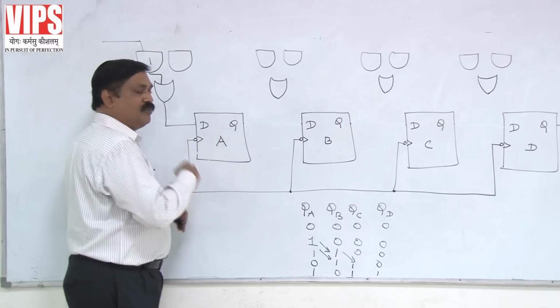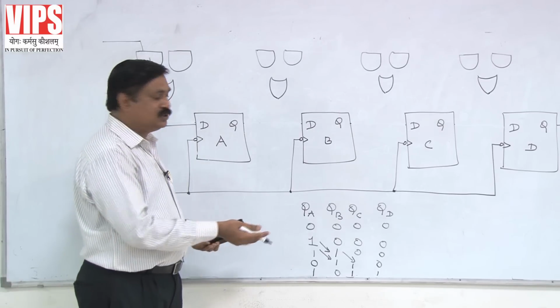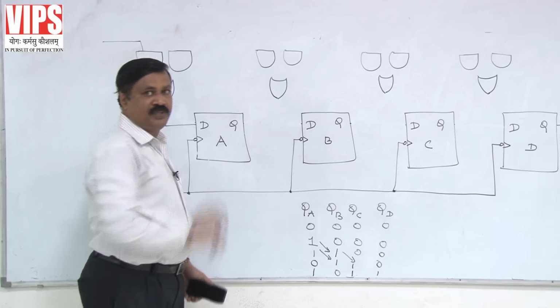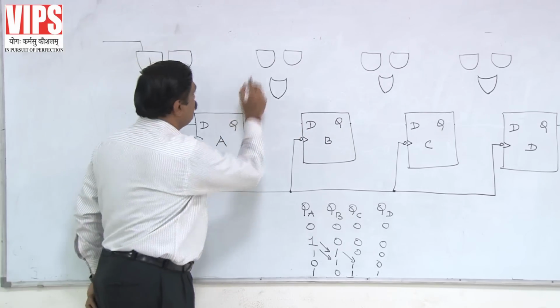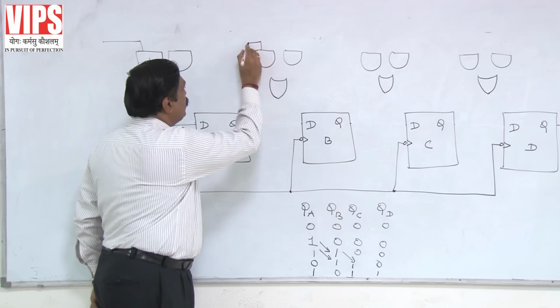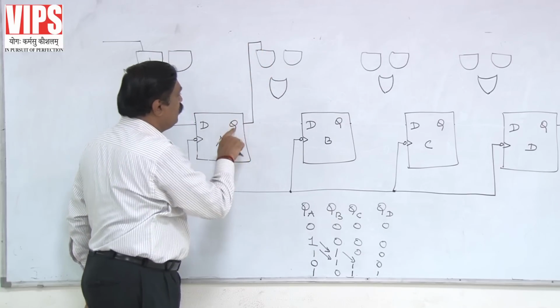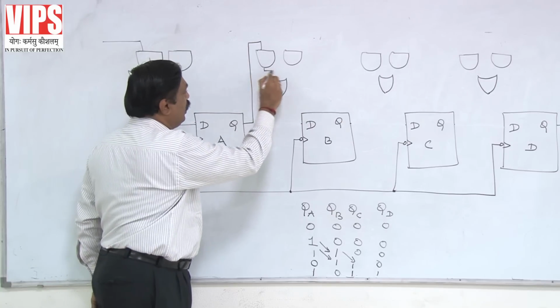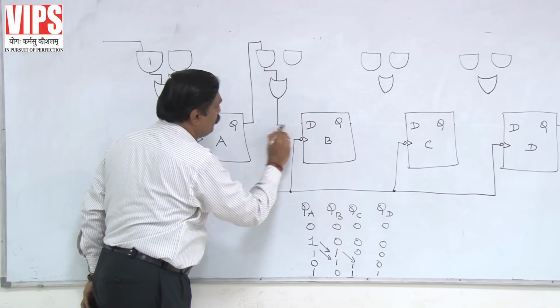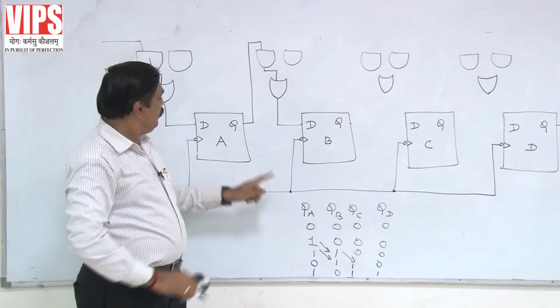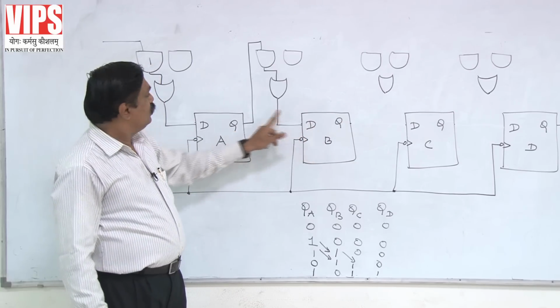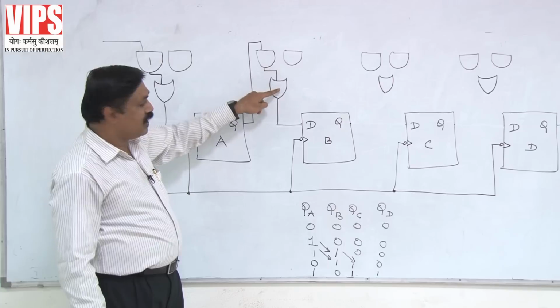Now, in the serial in, serial out, this output goes to this D. Now also you just connect this output to an AND gate, just like here, and OR and to D. See, this output goes to D only, but through this AND gate and OR gate.